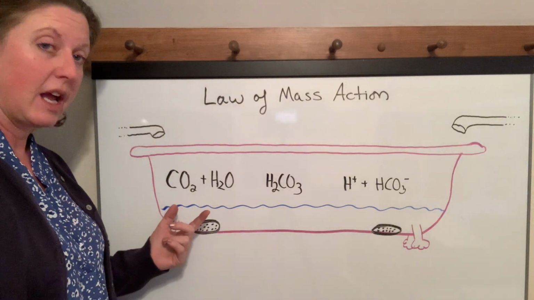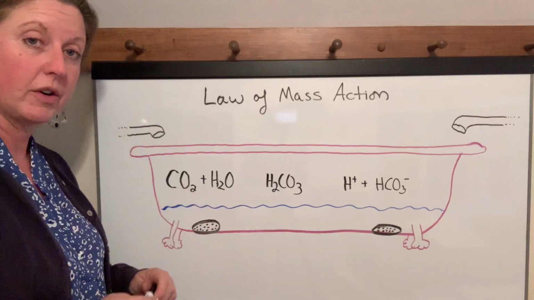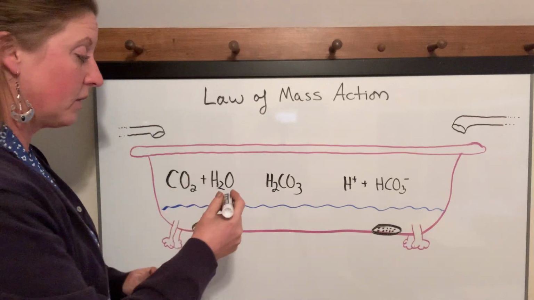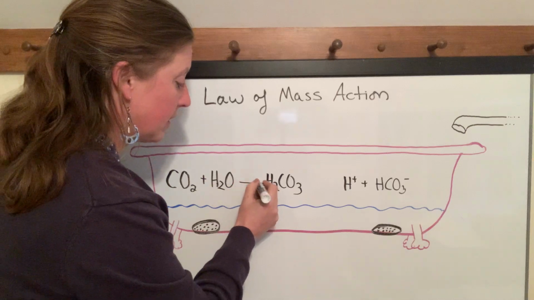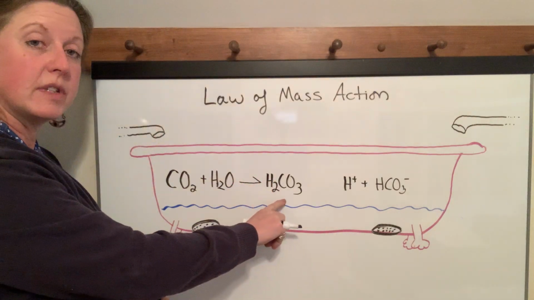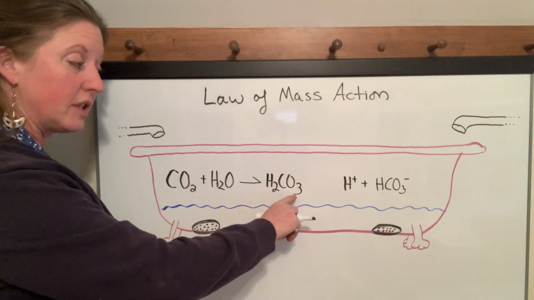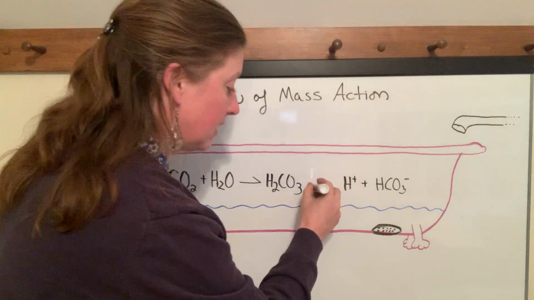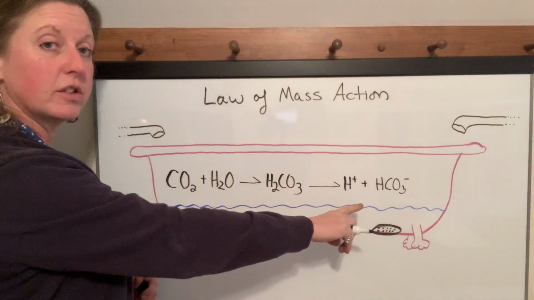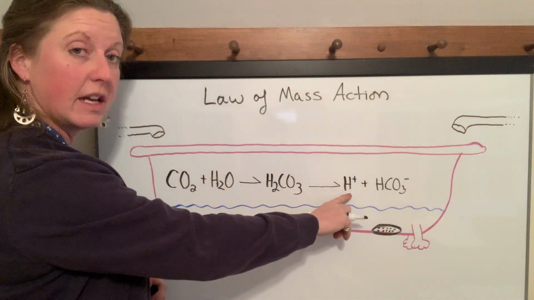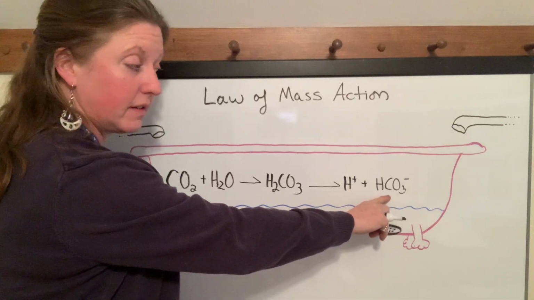This reversible reaction starts with carbon dioxide and water. Carbon dioxide and water combine to form H2CO3, which is carbonic acid. H2CO3 then splits apart to form a proton, H+, and a bicarbonate ion, HCO3-.